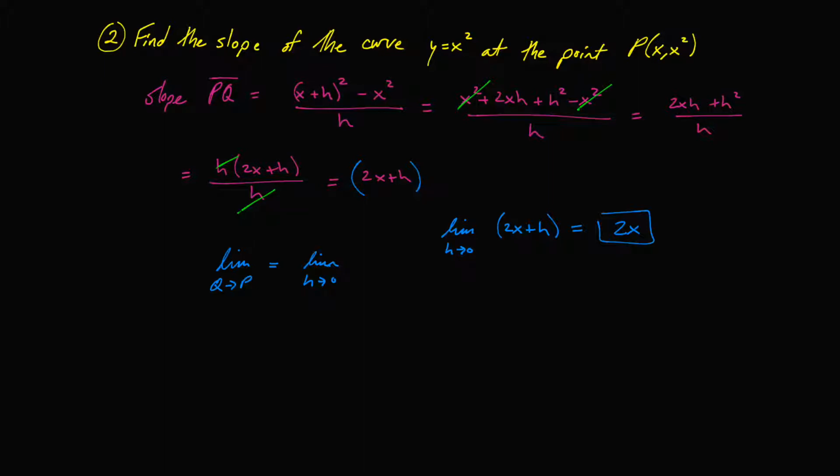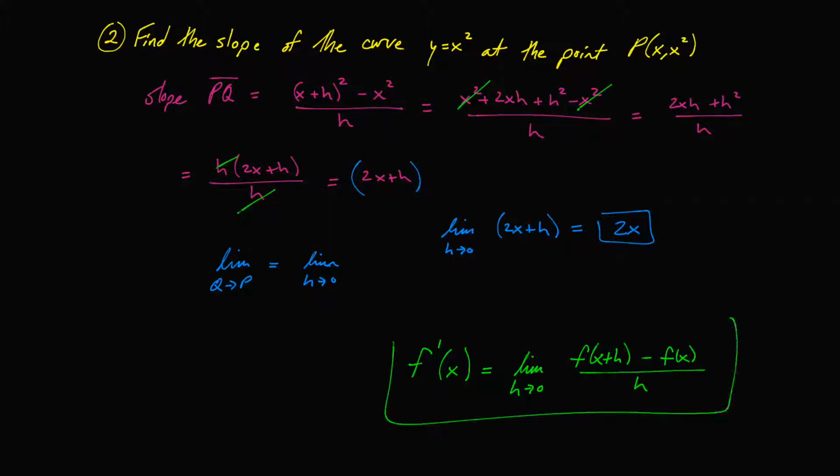We can actually generalize this theorem with this specific notation, whereas we do f prime, that's our notation for finding the slope of a point, with the limit as h approaches 0 for f of x plus h minus f of x over h. And this is huge.